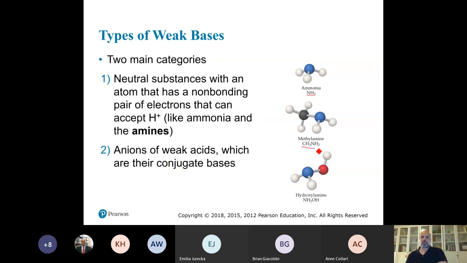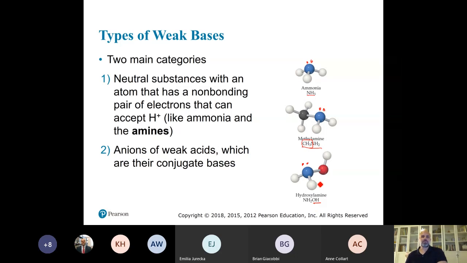Methylamine, where we've replaced one of the hydrogens with a CH3. The key is that the lone pairs present on nitrogen act as a base. Hydroxylamine is another one, where instead we replaced one of the hydrogens with an OH. So these are the neutral type bases.